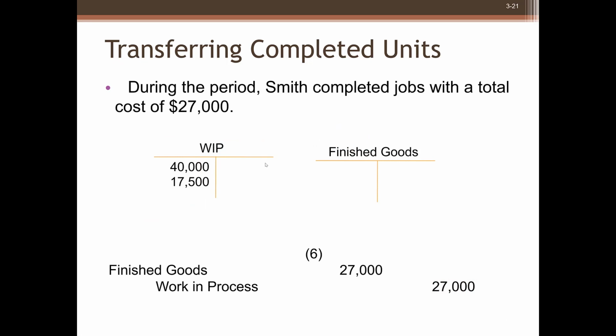Let's continue our example. During the period, Smith completed jobs with a total cost of $27,000. So we need to transfer $27,000 from work in process to finished goods. The journal entry here, we debit finished goods and we credit work in process.